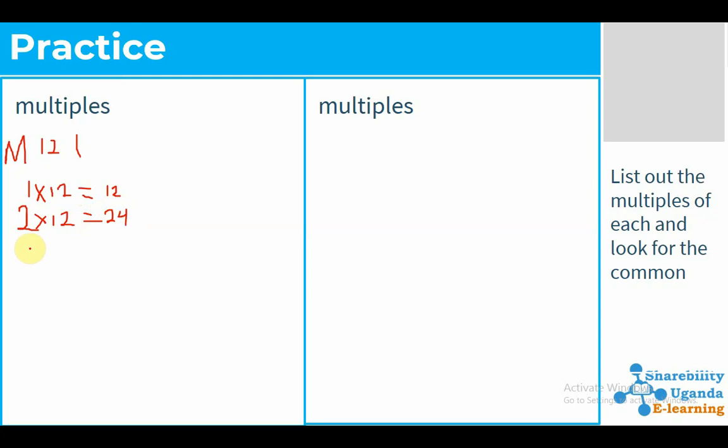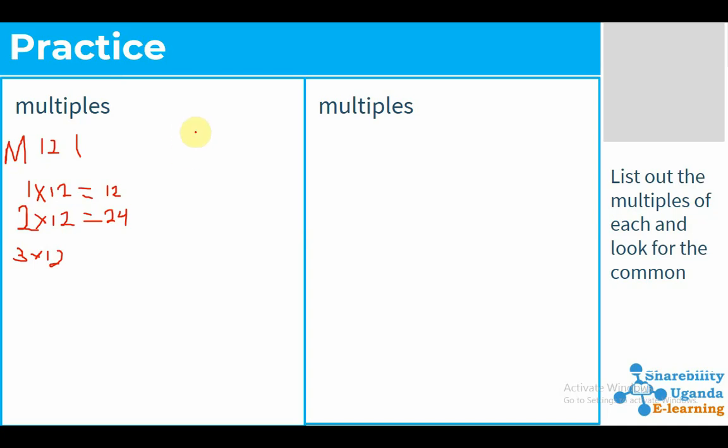We shall come to 3 times 12. We said when it comes to big numbers like this, we use the concept of multiplication as repeated addition.